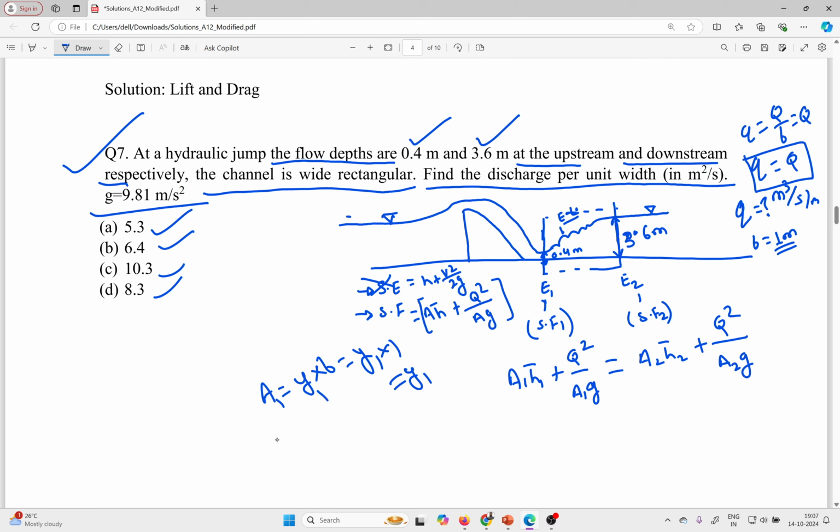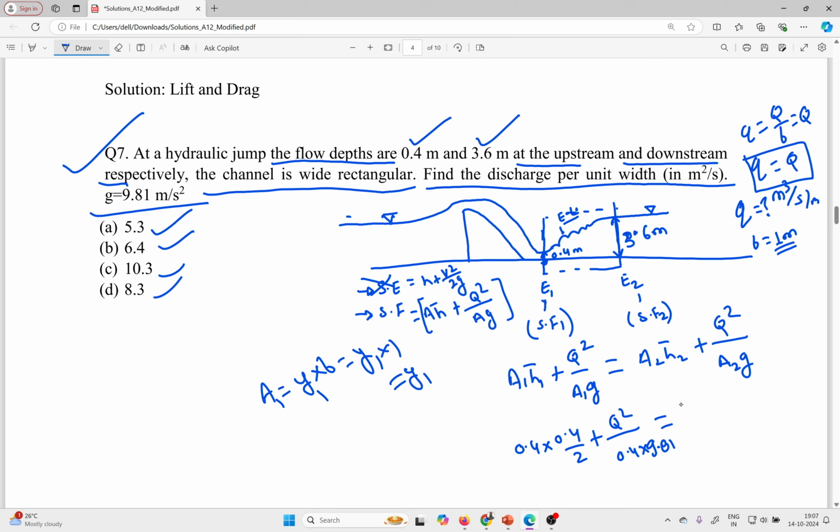you will take y here. So here y1 is 0.4, into h1 bar, how much is that? That is half of the depth, so 0.4 divided by 2, plus Q square we need to calculate. A1, again, how much? 0.4 into 1, so we will not write that here, and 9.81.